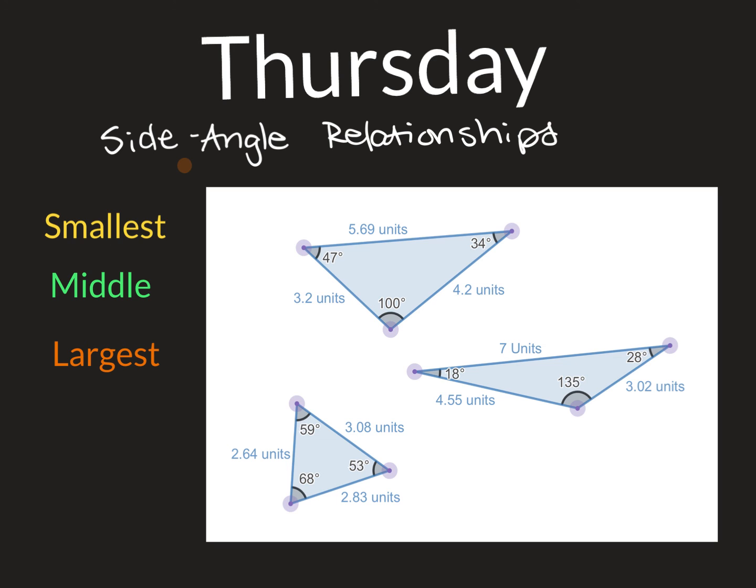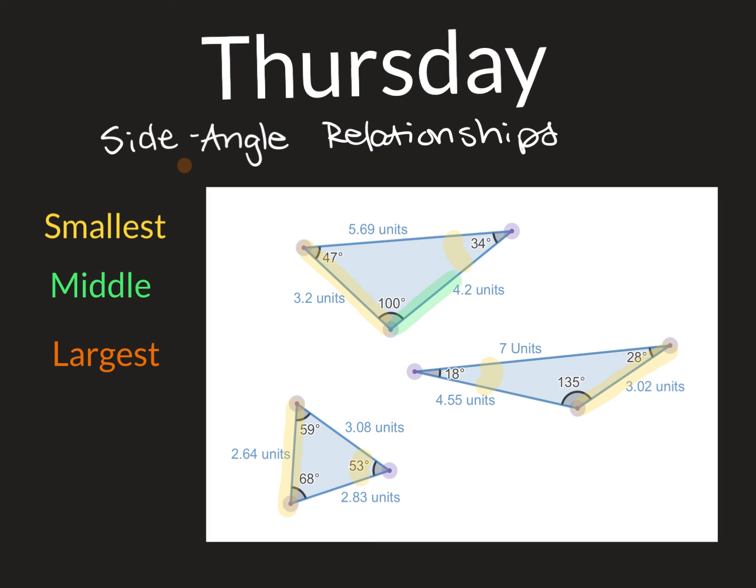The smallest side, if we are looking at this triangle, is definitely this 3 2/10 unit, so I'm going to highlight that in yellow. Here's my smallest side over here, 3 200ths, and then that's 264. And then the smallest angle, in this case, we got 34 over here, we got 18 over here, we got 53 over here.